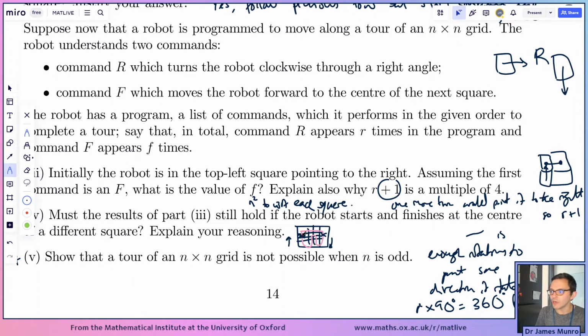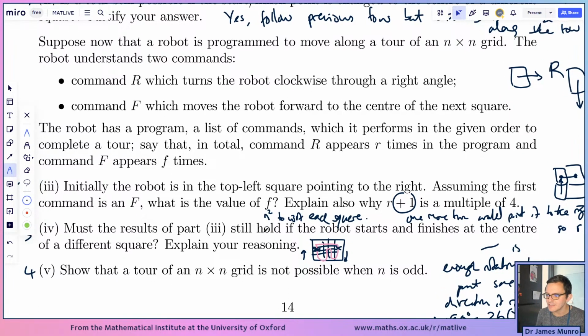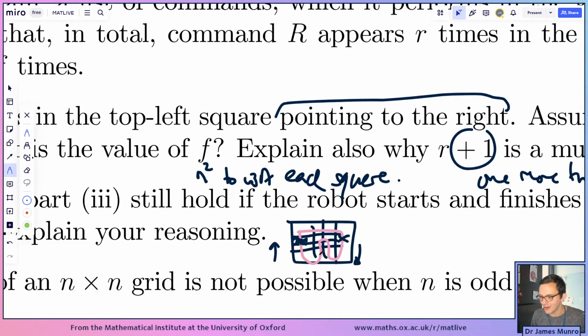I think I got caught by the fact that it starts pointing to the right, whereas what I'd like is if it started pointing along the direction of the tour, and the first command is an F. If I'm assuming the first command is an F, that's no longer possible with either of the examples that I've got. So it's technically not quite a counterexample. I'm getting a bit tied up in knots here.